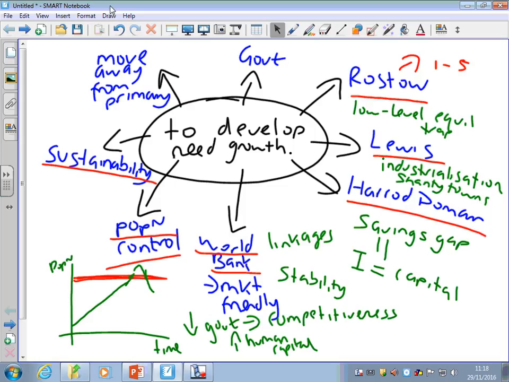Another big problem is trying to move away from primary sector work. It's low productivity, it doesn't earn massive amounts of cash, and when it's exported, we're actually finding that many of these poor countries that export these primary products are suffering from lower terms of trade. In other words, for their exports, they're now earning less foreign currency.